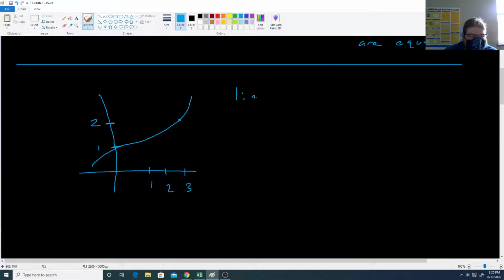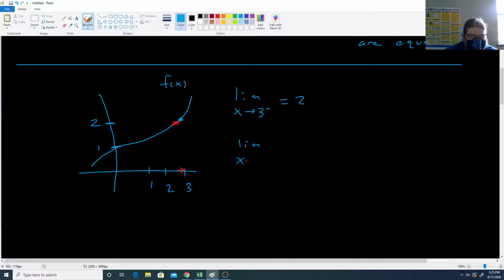Let's say this is a function f of x. Limit as x approaches 3 from the left would indicate that you're approaching 3 from the left, so your y values are approaching like this. The limit as x approaches 3 from the left is 2.